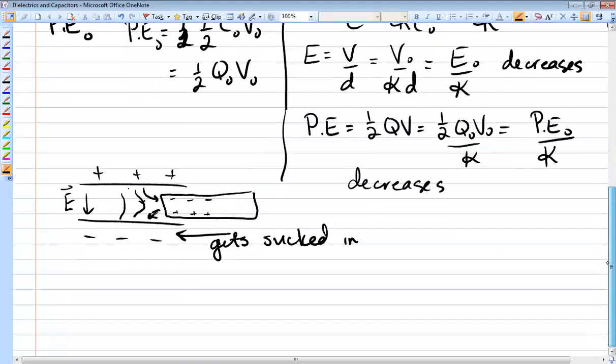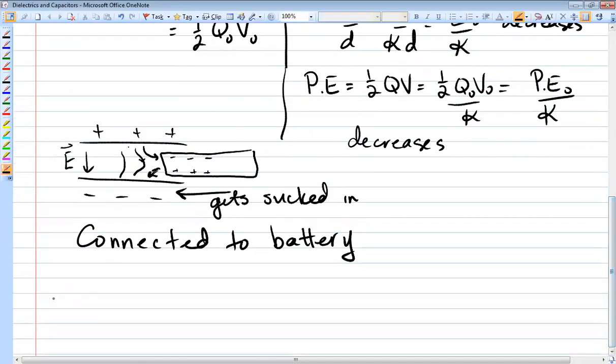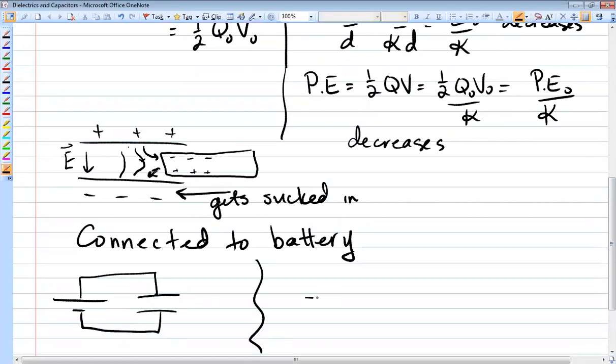Now, if this were connected to a battery, it would be a different situation. Remember, a battery is a source or a sink of electric charge, so there is somewhere for charge to go. If we keep the battery on this capacitor when we put the dielectric in, it still has the same battery.